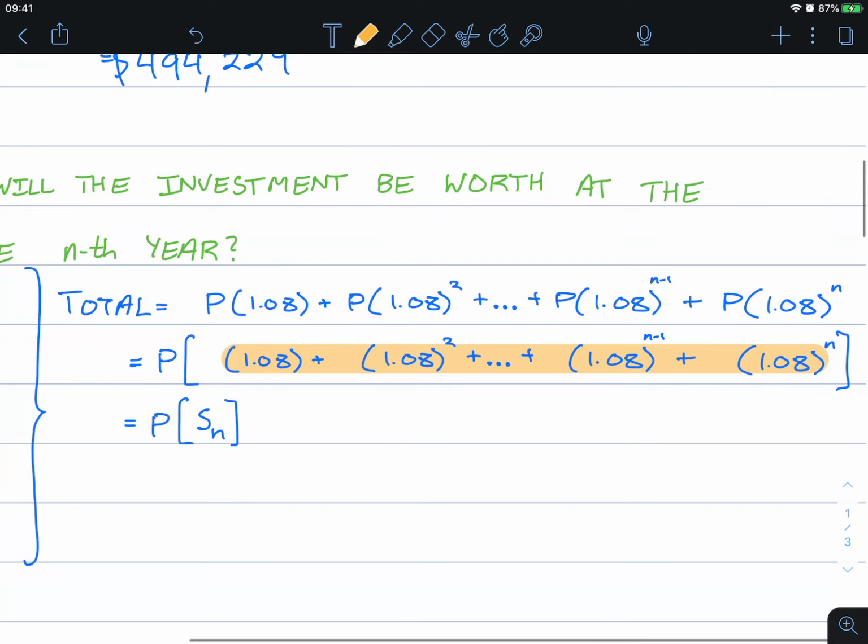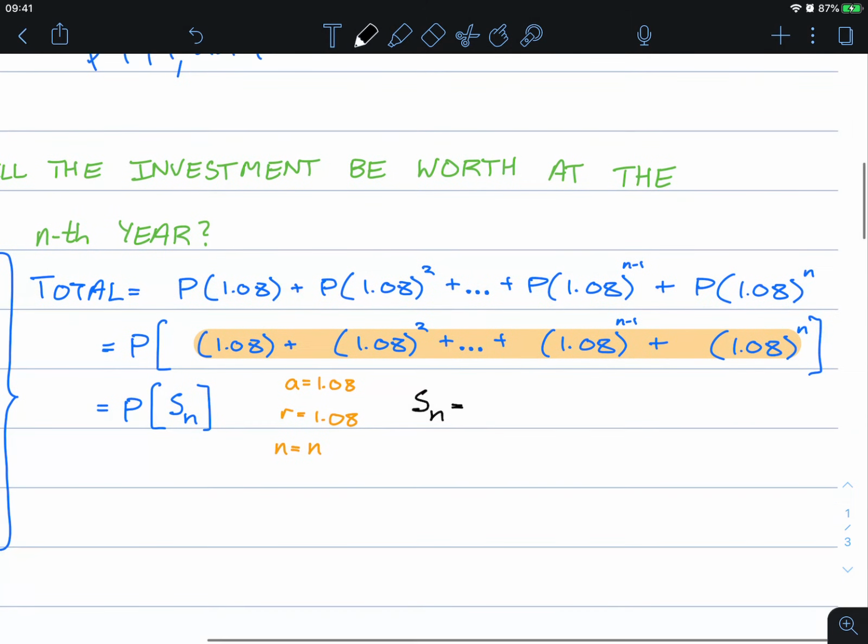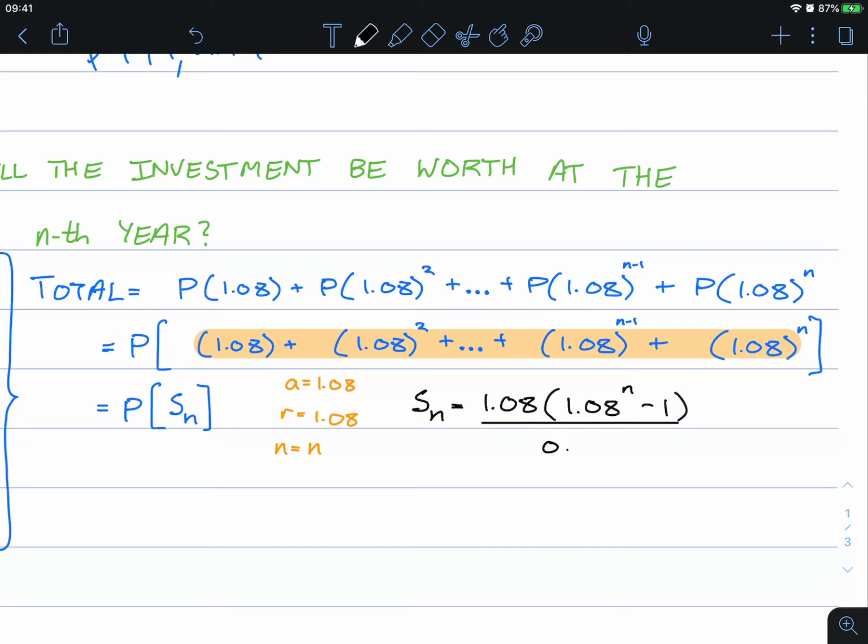In this case, a is equal to 1.08 again. My ratio is 1.08, but this time n remains as n because we don't know what year it ends on. So substituting this into our formula, we get 1.08 times 1.08 to the power of n minus 1, all over 0.08.